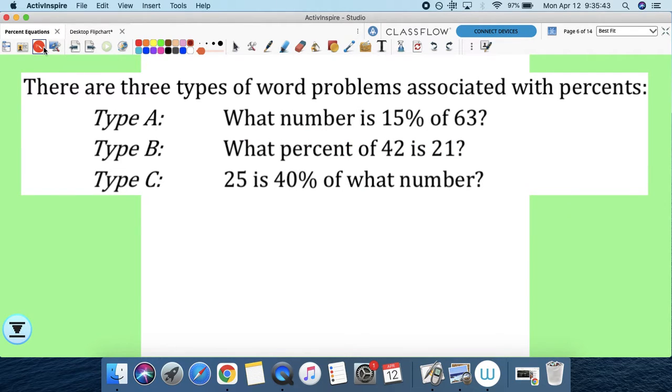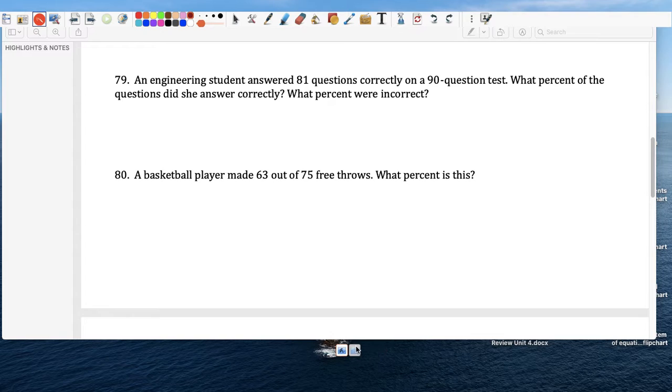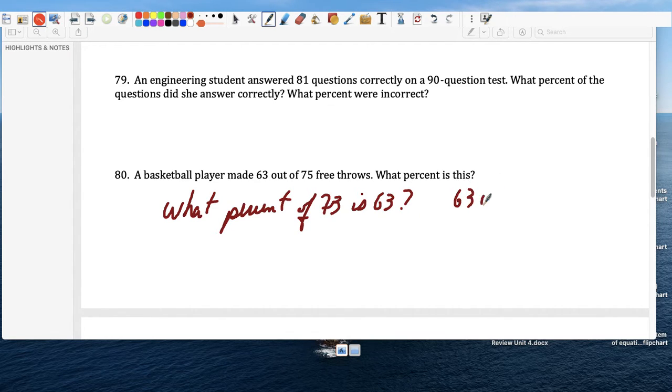I just wanted to check, but it's really okay. So we can write, what percent of 75 is 63? It's kind of weird, right? Or the other way we had it was 63 is what percent of 75? Now both of them get the exact same thing.